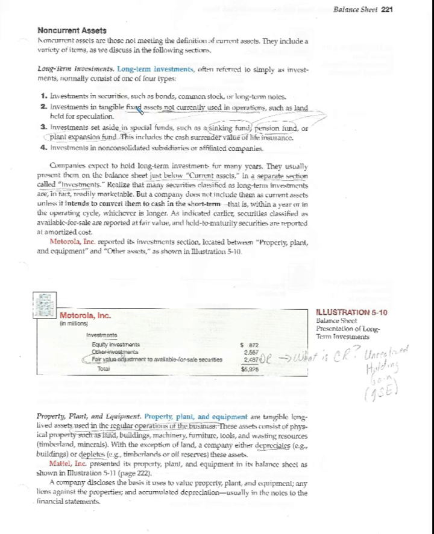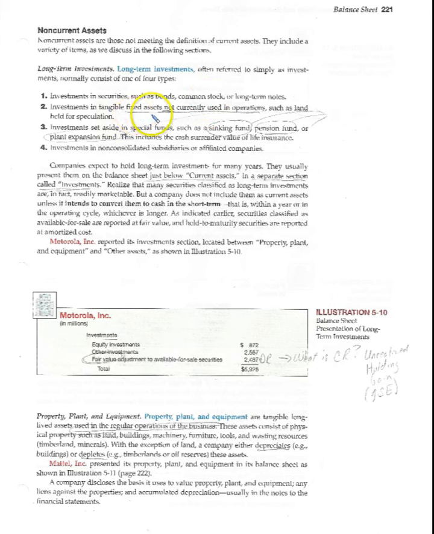There's a lot of different things that can go in here. There's 4 categories that your authors broke it out in. Investments in securities, and that can be debt securities or equity securities, so bonds, common stock.